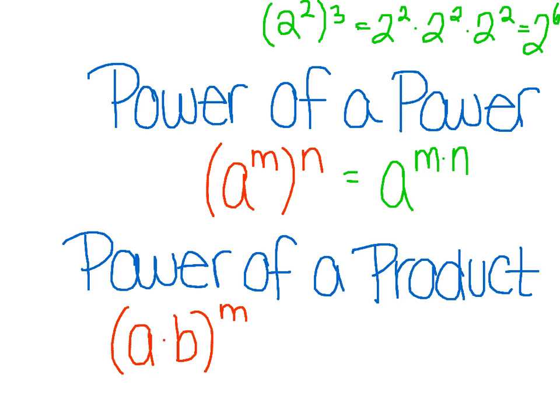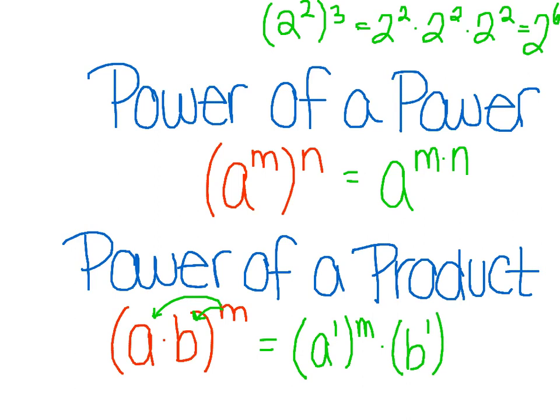When we do that, we are going to distribute the power of m to each term. So in this case, a and b both have powers of 1, a to the first to the m times b to the first to the m. Well, simplified, this is a to the m, b to the m. And that's the rule for power of a product.